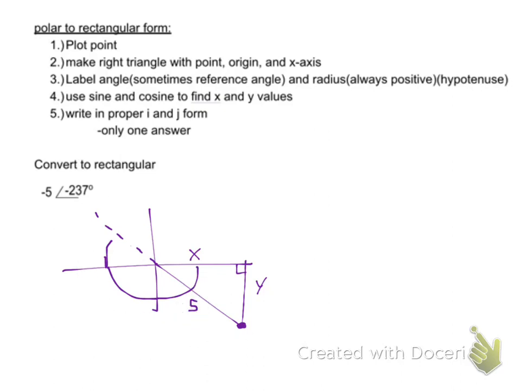So if that's the case, can I find this one? Yeah. What is this angle? 57. And because this angle and this angle are equal, because they're vertical angles, this is also 57. I think that's pretty cool.